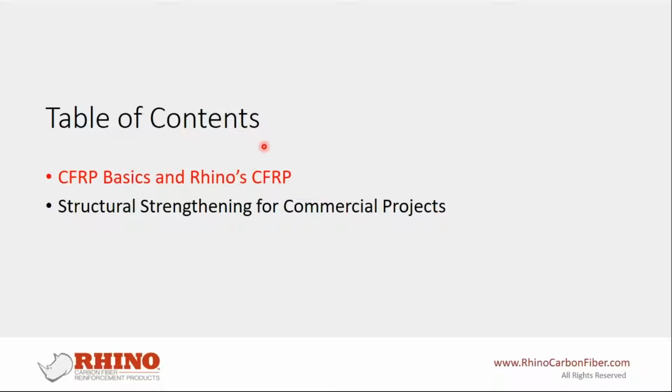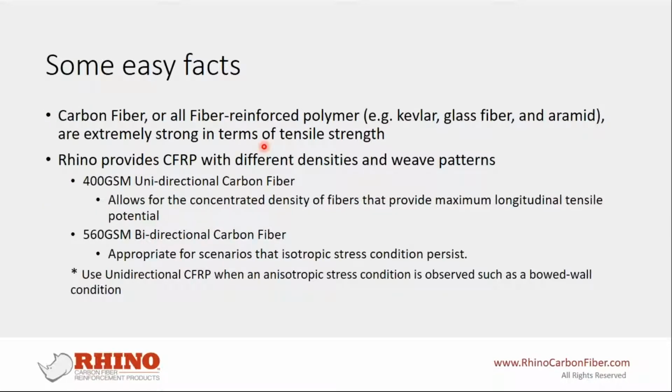Let me first introduce some basic facts about carbon fiber or CFRP. Carbon fiber or fiber reinforced polymer in general, such as Kevlar, glass fiber, and ceramic, are extremely strong in terms of tensile strength. Rhino provides CFRP with different densities and wave patterns.